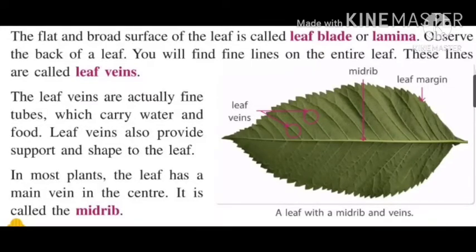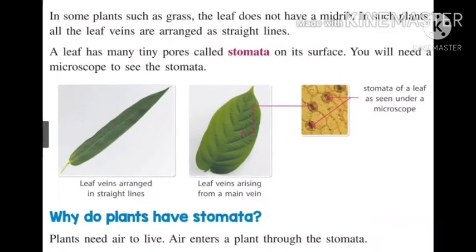But do you know the leaf veins are not arranged in the same manner for all plants? So let's talk about it. In some plants such as grass, the leaf does not have a midrib. In such plants, all the leaf veins are arranged as straight lines.